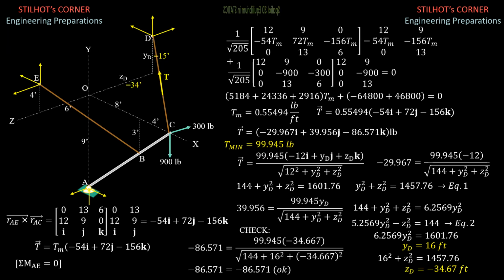So let us continue. Here's the given problem again. This time YD and Z sub D are unknowns, and the condition this time is to find these coordinates such that the tension is now minimum.